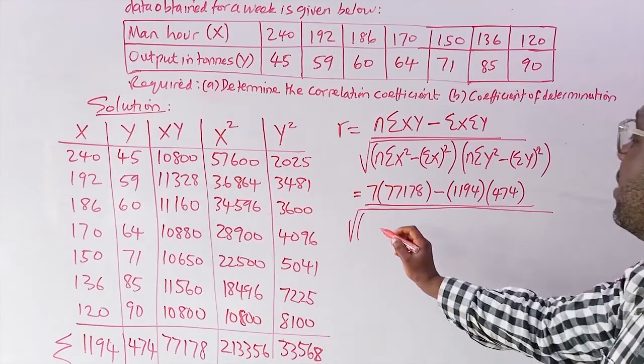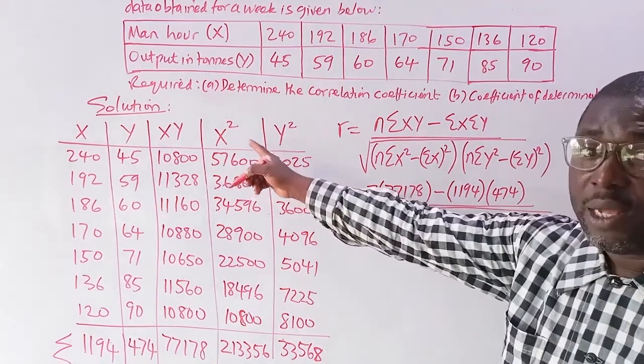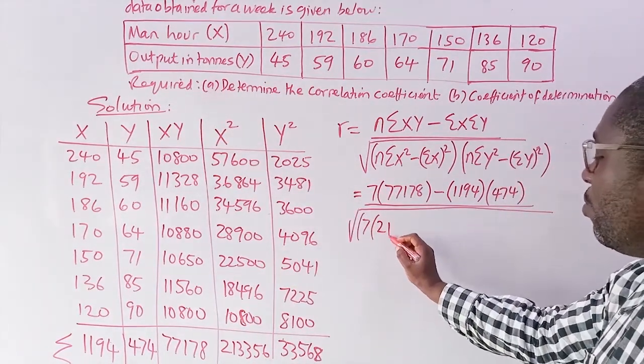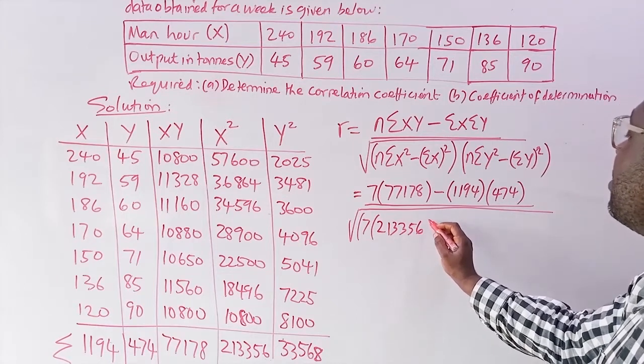What is n? N is 7 again, times summation x squared. Summation x squared is 213,356.